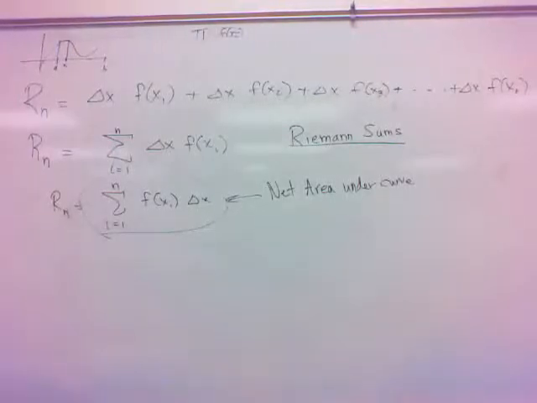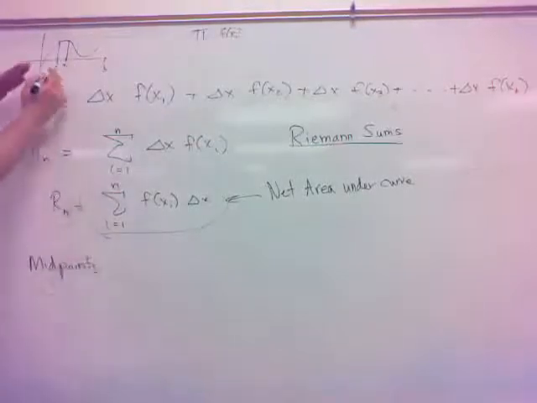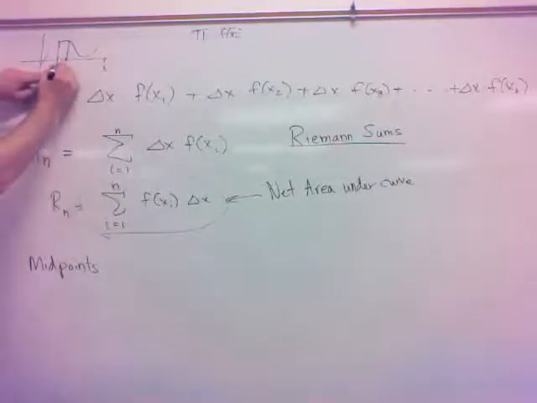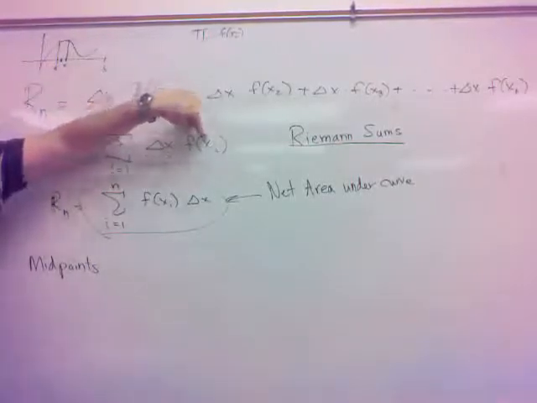Now, what if I use midpoints instead of right endpoints? If I use a midpoint instead of a right endpoint, what does that change? Instead of using the right endpoint, it changes the x value. Does delta x change?